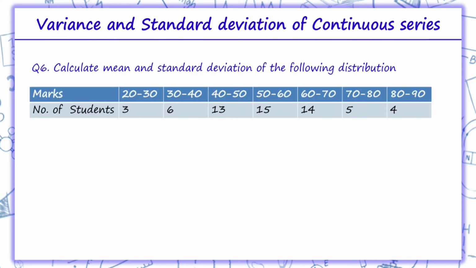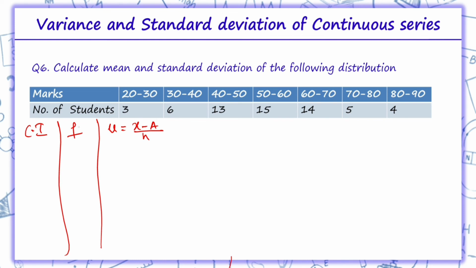So now coming on to the question part, here we are provided with class interval and frequency. So first over here we'll calculate u. How to calculate u? It will be x minus a upon h. So here we have to calculate x also, because x we are not knowing.